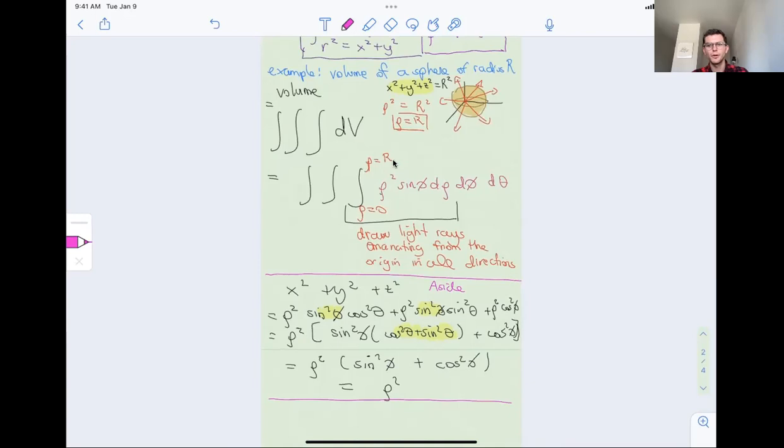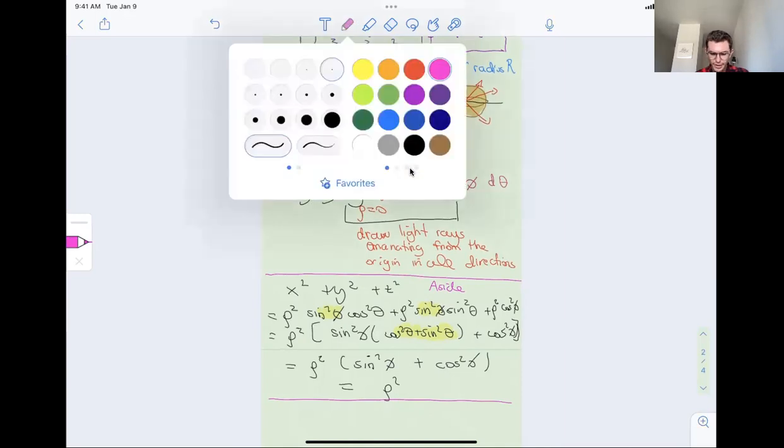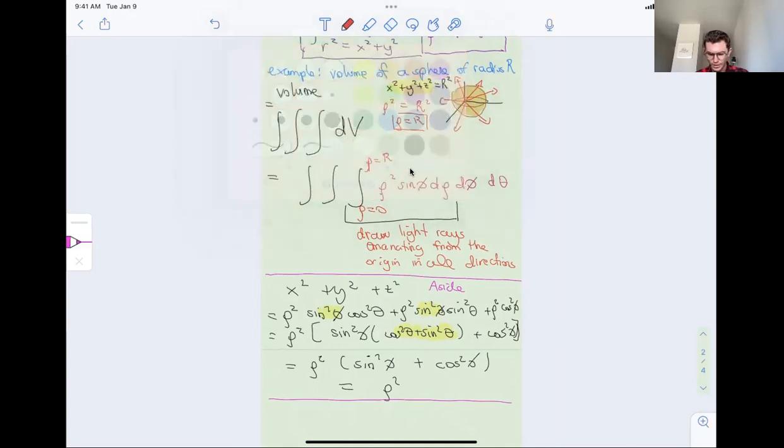So those are the bounds for rho, and then the bounds for phi are the angles that you have to move these rays around to sweep out the entire ball, the entire interior of the sphere.